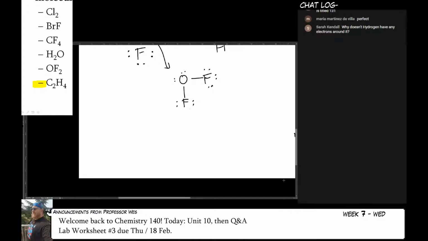We'll just do that. So here's my carbon again. Here's my carbon again. I mean, I definitely want to connect these 2 together. Now what do I do?